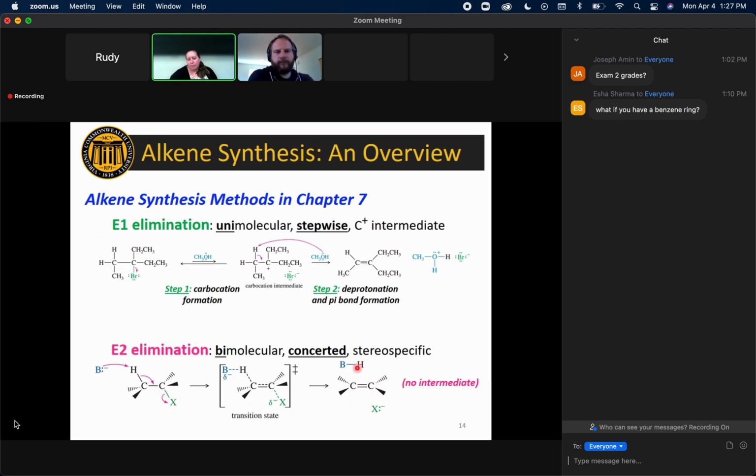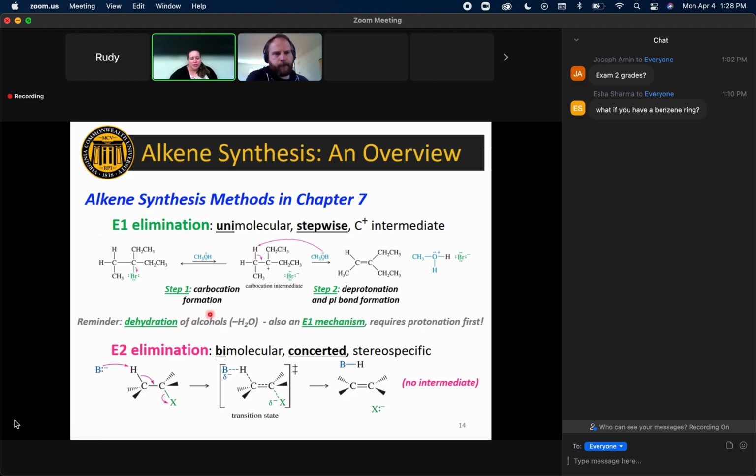So we're going to get our deprotonation, our pi bond formation, and our leaving group leaving all in a single concerted step, where we go through a transition state that has partially formed and partially broken bonds. And again, because this is concerted, there is no intermediate, right? We're going through a high energy transition state directly to a product, no intermediates.